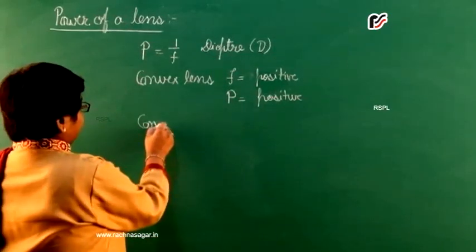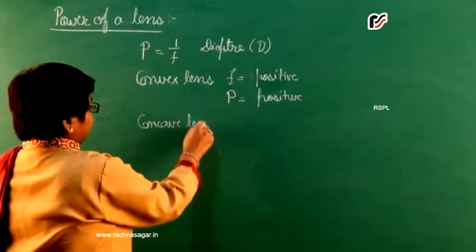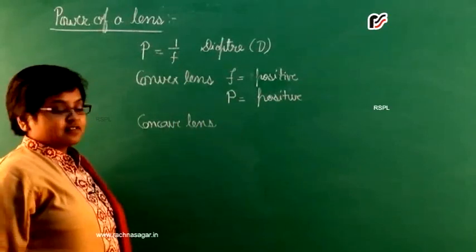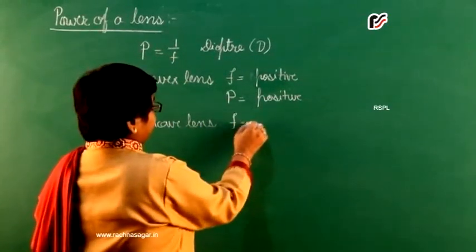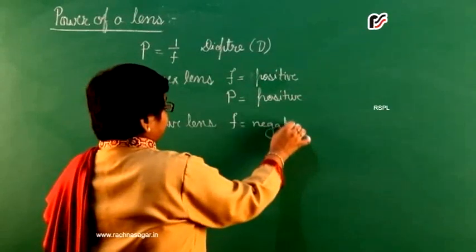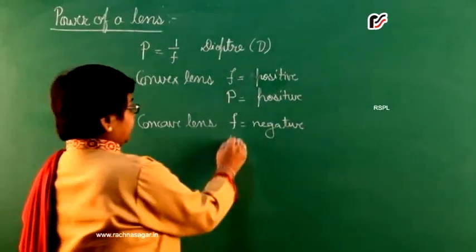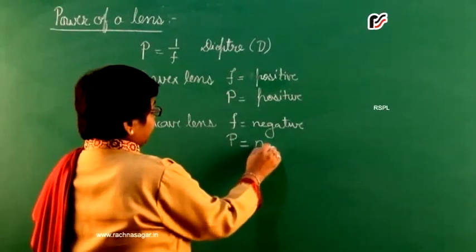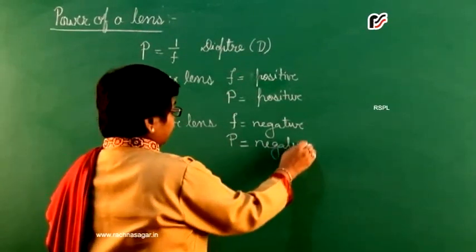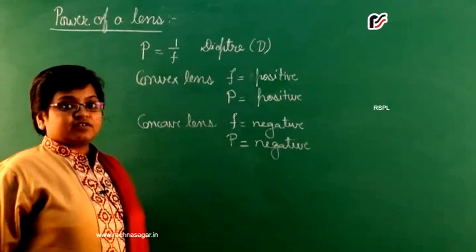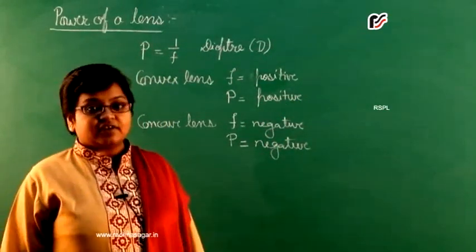In case of a concave lens, the focal length is negative in nature, that's why power is also negative in nature.